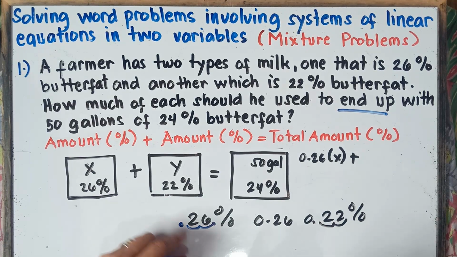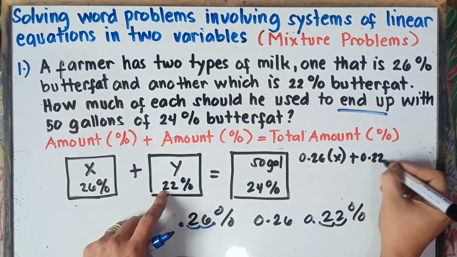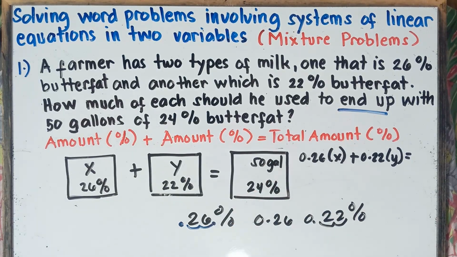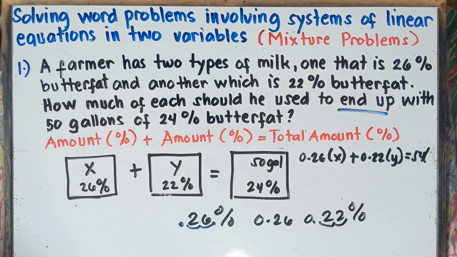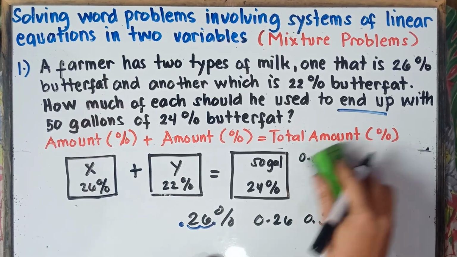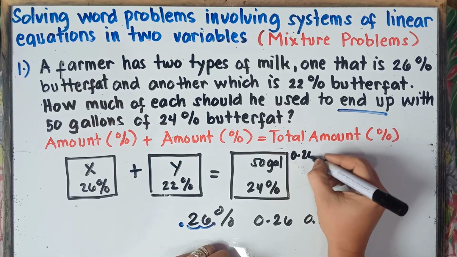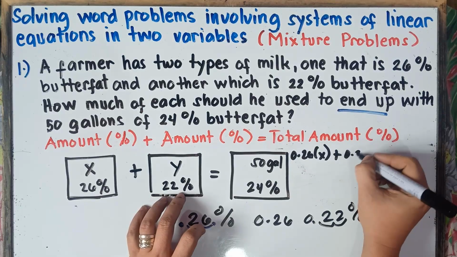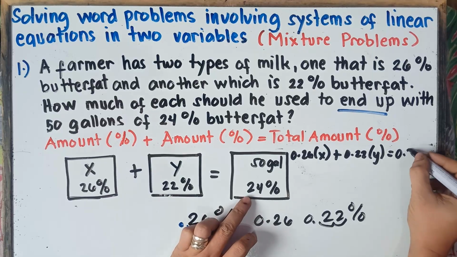So 22% in decimal would be 0.22, multiplied by Y, is equal to 50 multiplied by 0.24. We don't have enough space, so let me write it again: 0.26 times X plus 0.22 times Y equals 0.24 times 50.